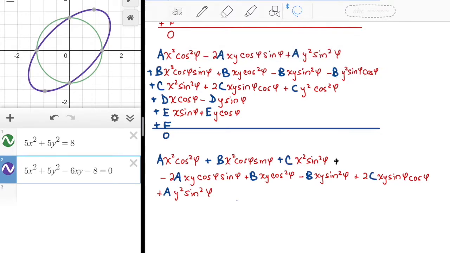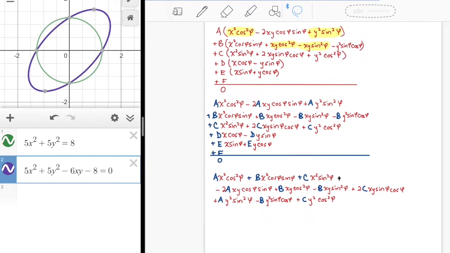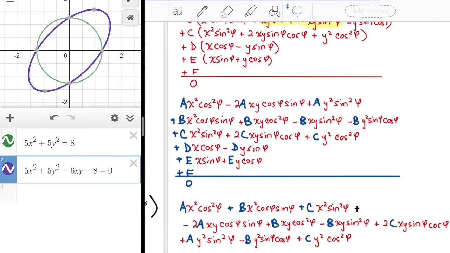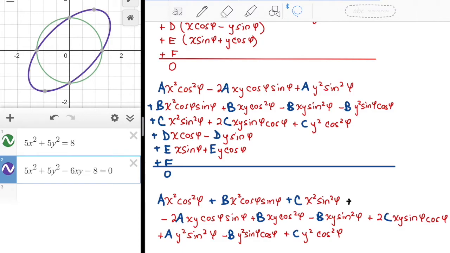Just going line by line here. Alright, then next up would be, let's see, it would be the x term, then the y term, then the constant.